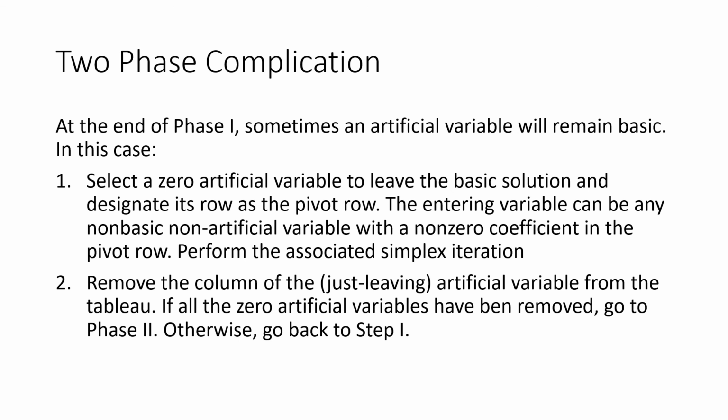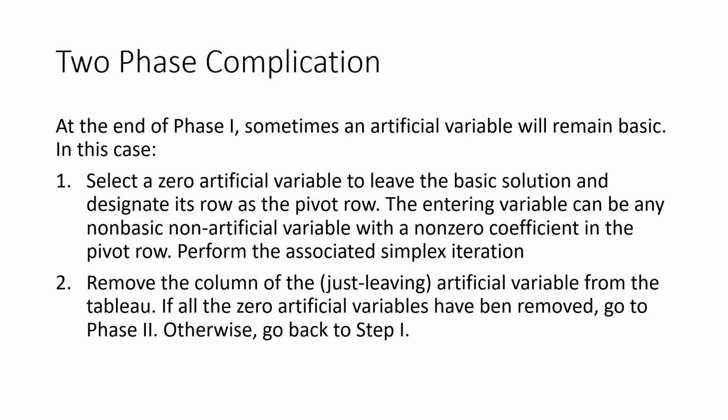But the key is the artificial variables have to be on the left-hand side of your tableau. All the artificial variables have to be non-basic. Sometimes you'll go through phase one and you will end up with one or more that are still basic variables. When that happens, it doesn't mean there's no solution.